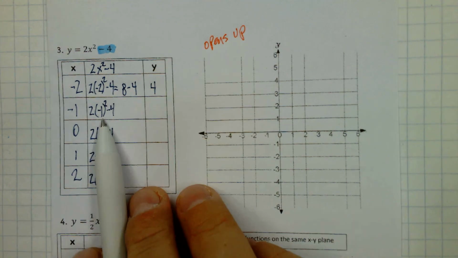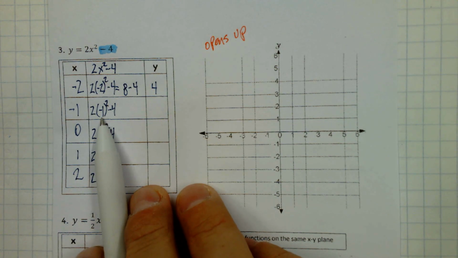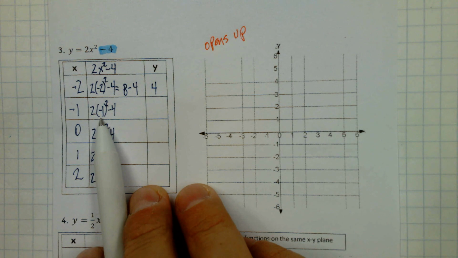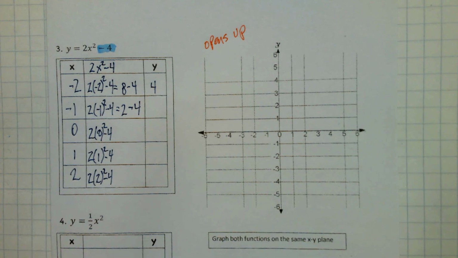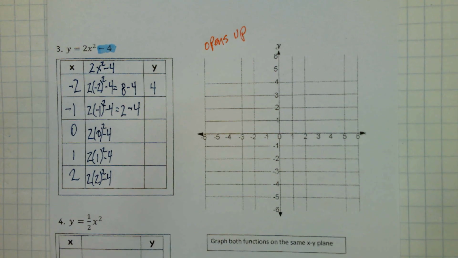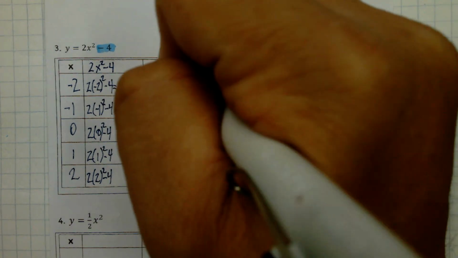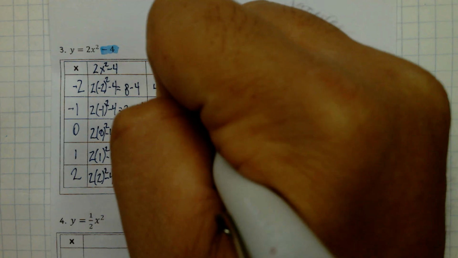That's basically the math involved. We square negative 1, that's 1. Then that 1 times 2 is 2. But then it's 2 take away 4. So you have 2 and you subtract 4. Negative 2. So we got negative 2, 4, negative 1, negative 2.